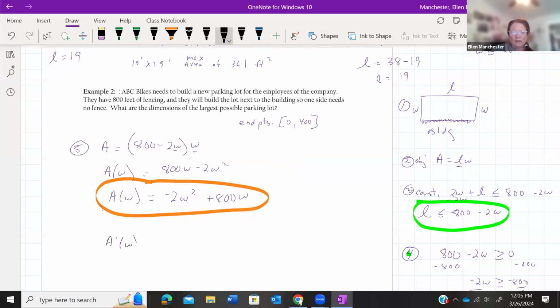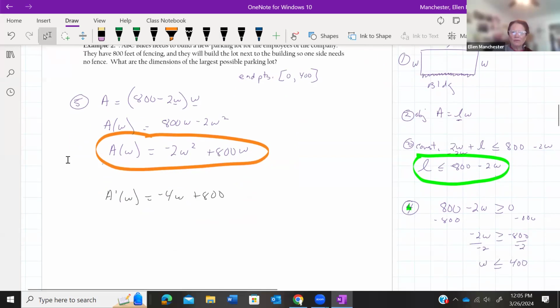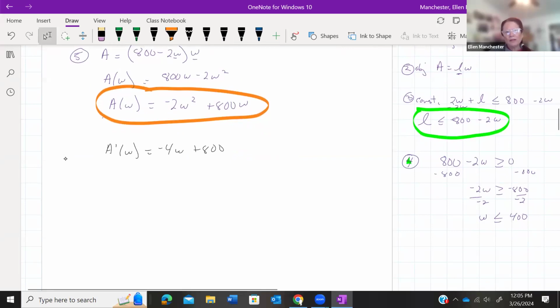Okay, so here we go. Set this derivative to 0. And you see these are much easier derivatives than before. There's no product rule, there's no quotient rule, there's no E. These are just using the power rule. So we're going to set our derivative to 0.